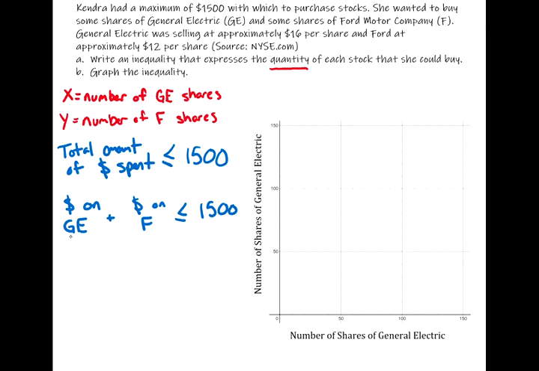The money she's spending on GE would be 16 times the number of shares, so 16 times X. And the amount of money being spent on Ford, given in the problem, is $12 for every share. So that would be 12 times the number of shares of Ford, which is 12 times Y, should be less than or equal to 1,500. All right, so there's our inequality.